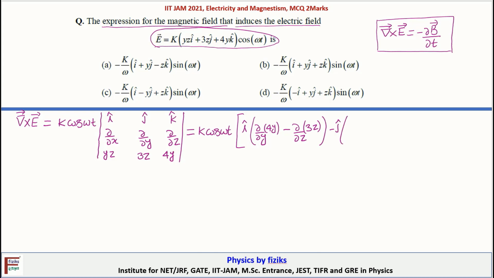So the minus j cap component is del x of 4y, then minus del z of yz, plus k cap. So this k cap component is del x of 3z minus del y of yz.